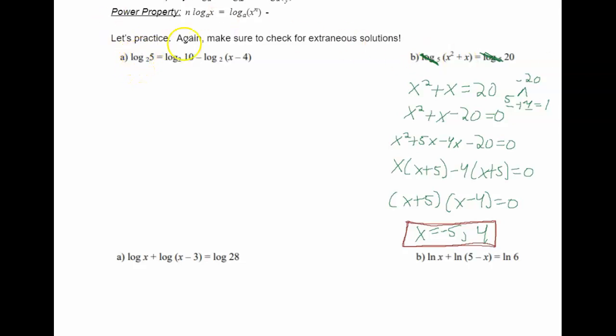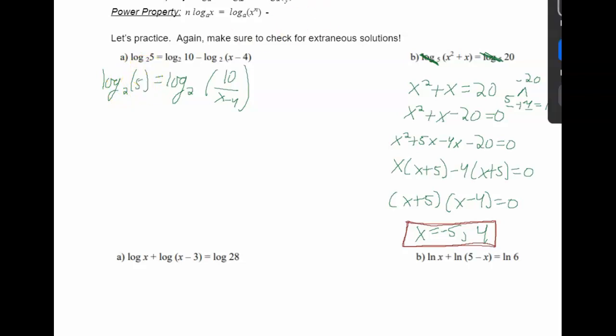If I look at A, I do not have condensed logs. So I want to condense the log on the left. Remember, subtraction is division. Here I can cross multiply, or whichever way you think of it.